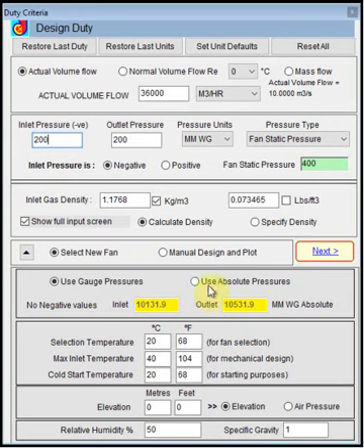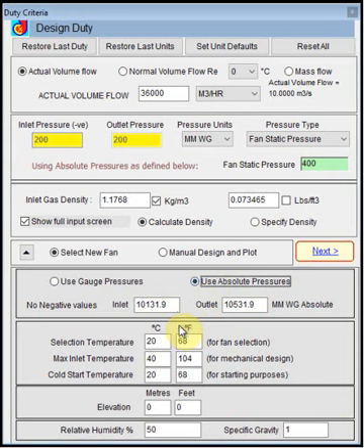Now if we did want to use absolute pressures, we would just check this box and we could enter the absolute pressures at the inlet and outlet. Some system designers may prefer to use this system of absolute pressures. You'll note that we can't enter, or we shouldn't enter, any negative values here.